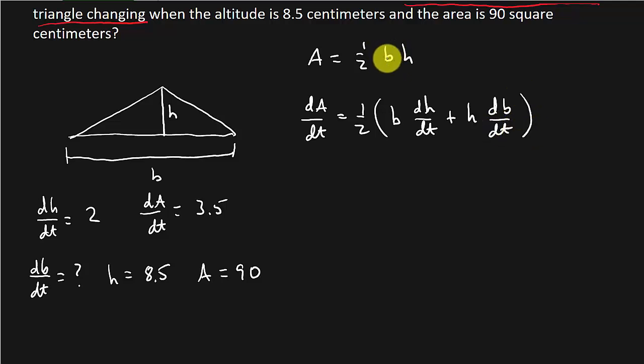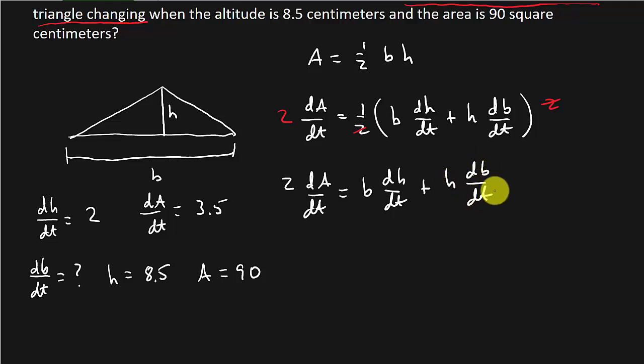And we're looking for dB/dt, so let's solve for that. First thing I'm going to do is multiply both sides by 2. That cancels out the 2's there, and I'll be left with 2 dA/dt equal to B dH/dt plus H dB/dt.